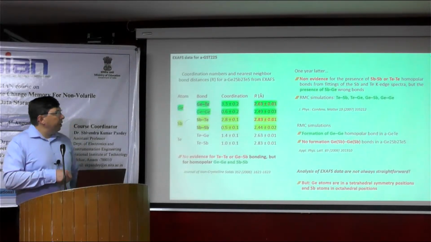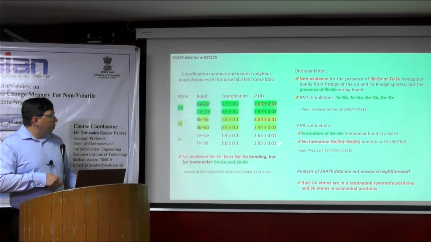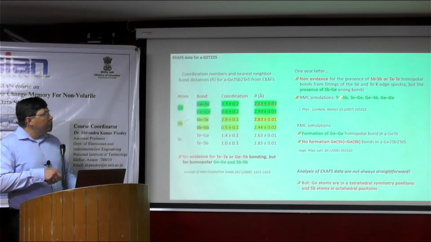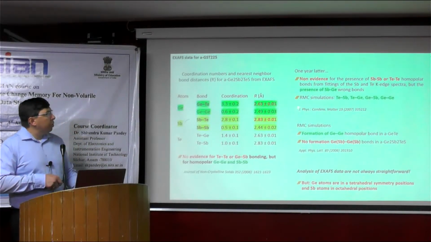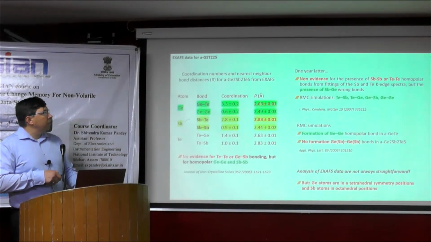But one year later, there was a publication in 2006. In 2007, another group stated that there is no evidence of the presence of antimony bonds, although they found these antimony bonds here.